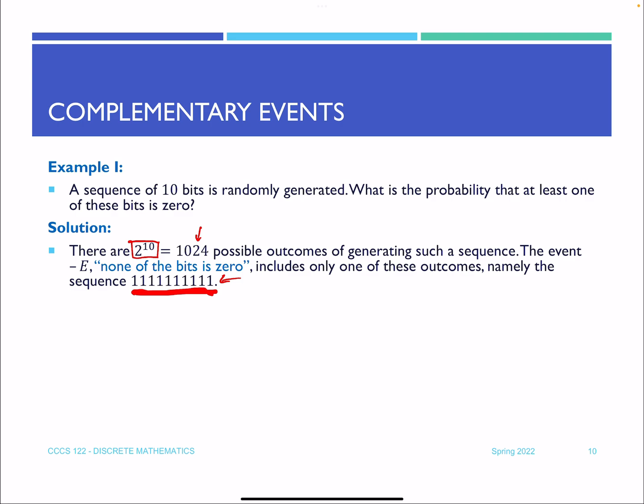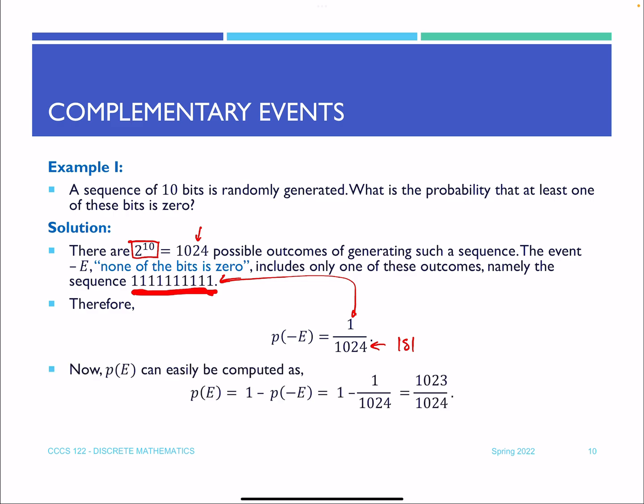And so instead of counting all the other possibilities, it's easier to count the one that we're not interested in, the one that we're trying to exclude. For that reason, the probability of the event not happening in this case is 1, the string, over 1024, the size of the sample space. And so the probability of E is just 1 minus the probability of the complementary event, which is 1 minus 1 over 1024, which is just 1023 over 1024.